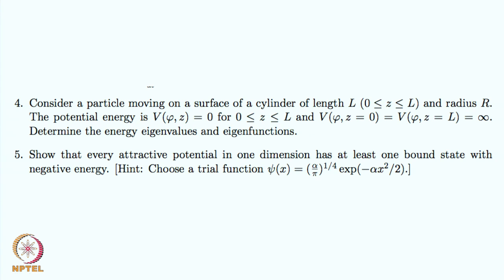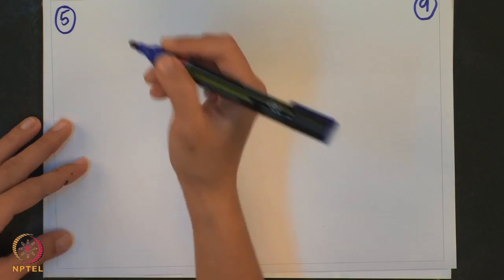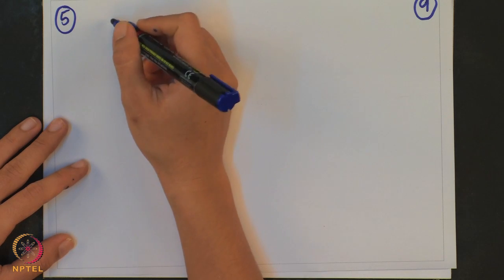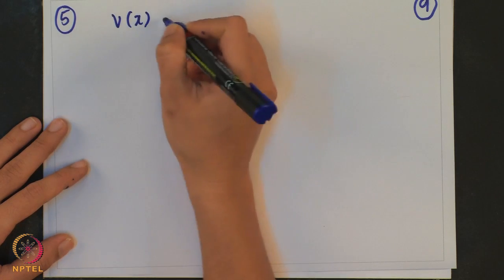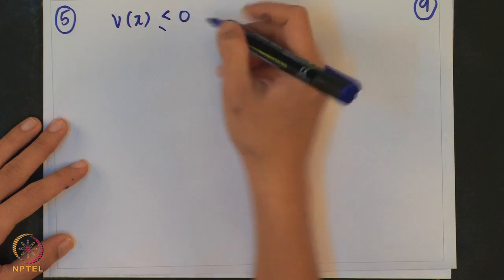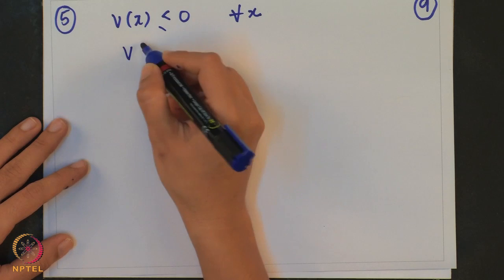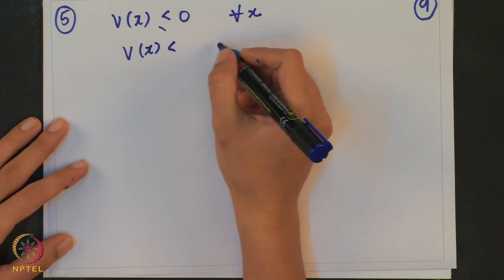So, for the fifth question you can start by taking V(x) less than or equal to 0 for all x, and V(x) less than 0 for some x.